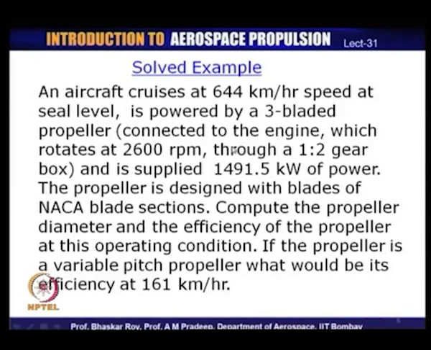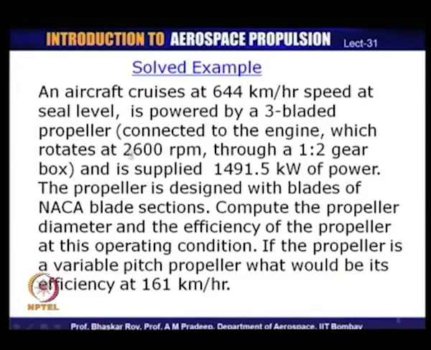So, the rotational speed is brought down by a 1:2 ratio, which means the propeller speed would be half of the engine speed, and it is supplied with a power of 1491.5 kilowatts at that particular flight operating condition.